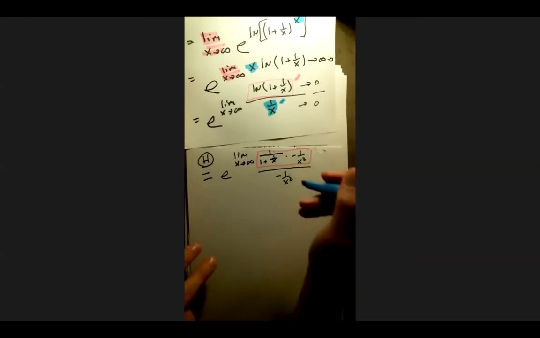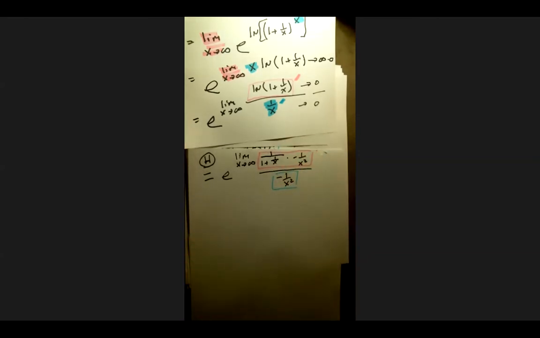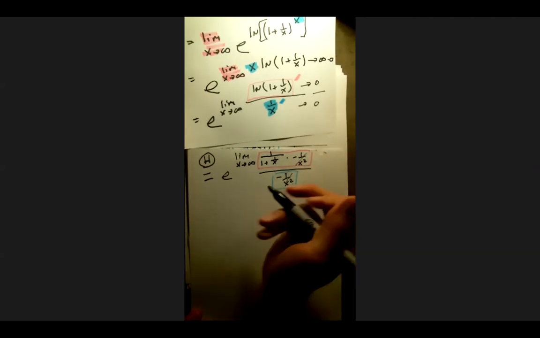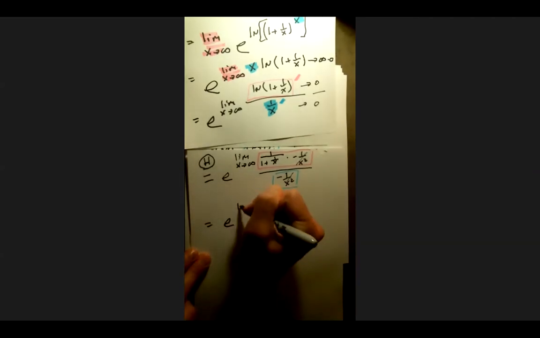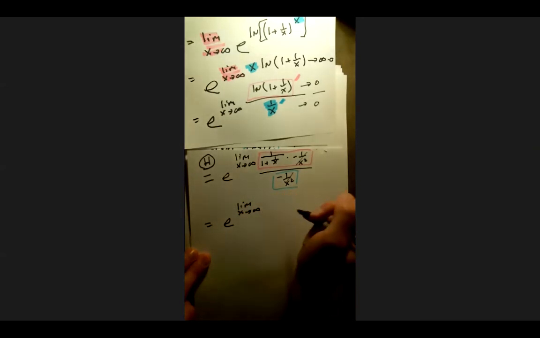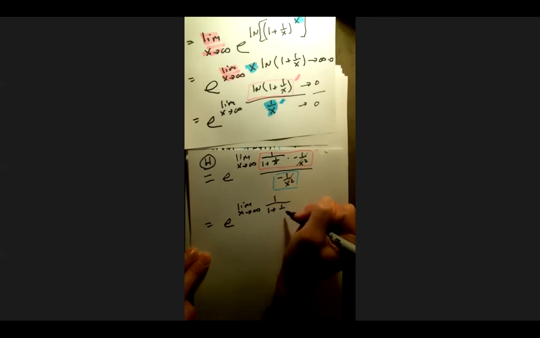That's the prime of that denominator. Good news, terms cancel. So we have e to the limit as x approaches infinity of 1 over 1 plus 1 over x.